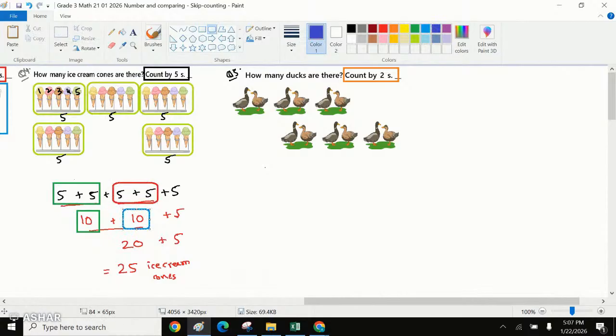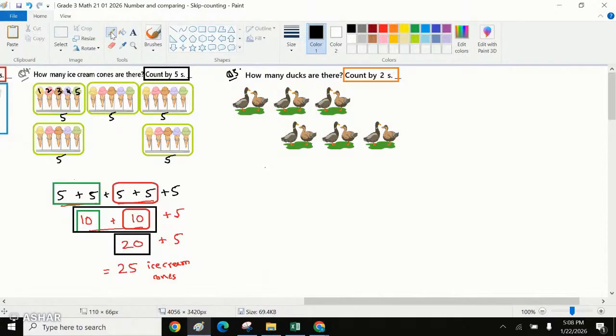Agreed? And 10 plus 10 was? What is 10 plus 10? 10 plus 10 was 20, right? So when we add 20 to 5, yes, 20 plus 5 would be 25, right? Thank you, Sammy. Thank you, Precious.